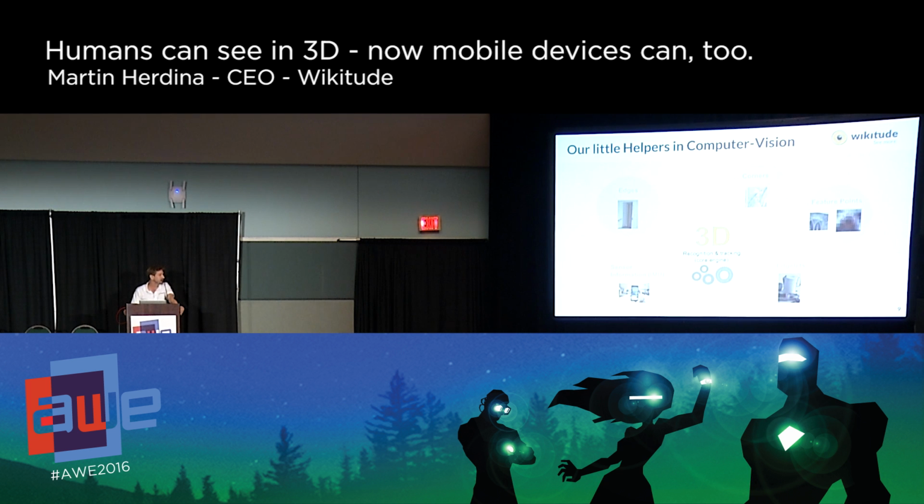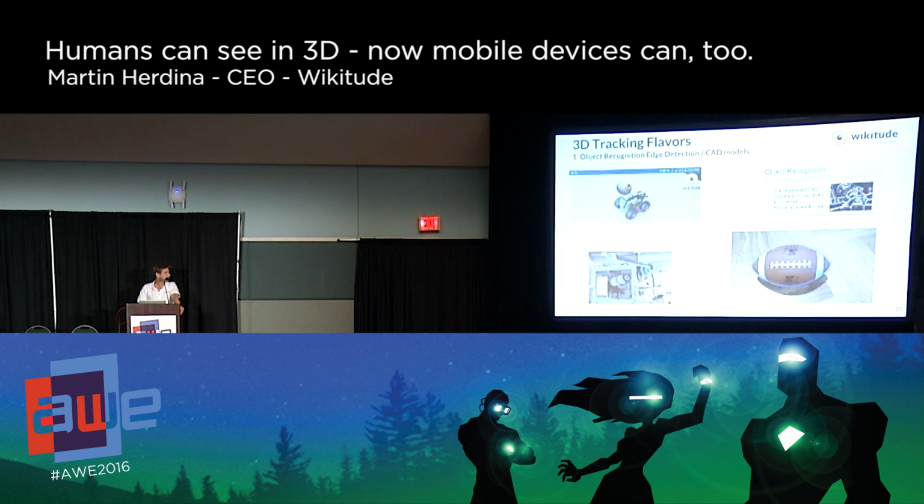And last but not least, typically every phone, every wearable, every glass has sensors in there. And the combination of vision algorithms, vision cues, as you see over there, combined with motion information derived from those sensors, that's a very strong combination to really make a non-human device see in 3D.